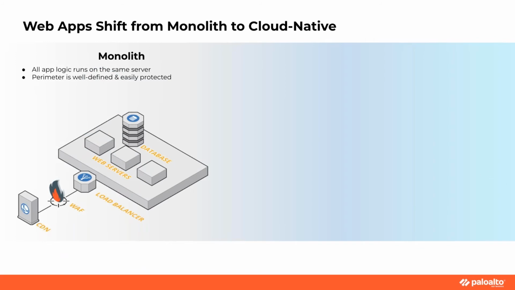Okay, so let's take a look at how traditional web applications were developed and deployed. Up until today, the standard way for deploying a web application was using servers. These could be bare metal servers, could be virtual servers or VMs.